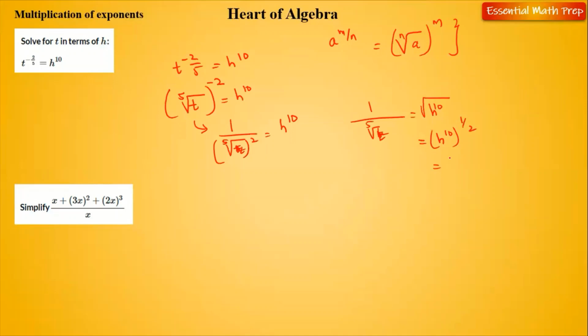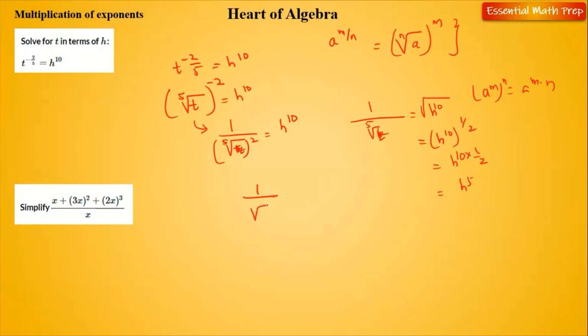Now, if you do the math on this side, it'll be h power 10 times 1/2, which is h power 5, because a power m power n equals a power m times n. So we've now simplified the right side further. Let's focus on this side.